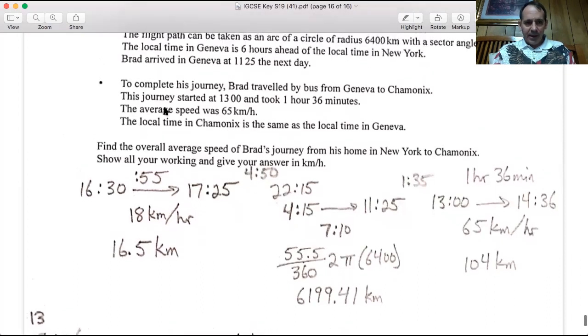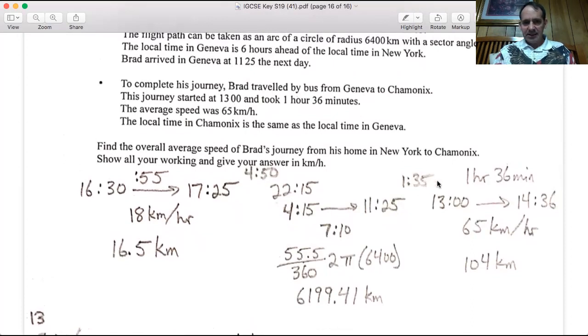Then, to complete his journey, he takes a bus, but the bus doesn't start until 1300. So from 11:25 to 1300 is 1 hour and 35 minutes. So that's how long he's waiting for the bus to leave the airport.